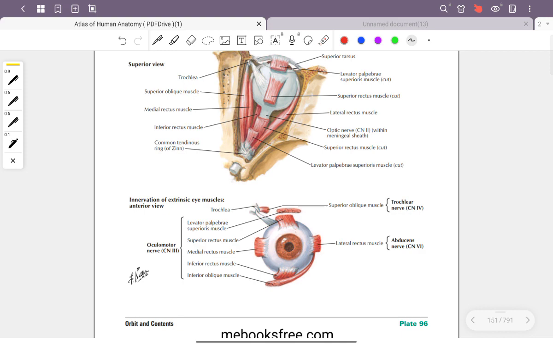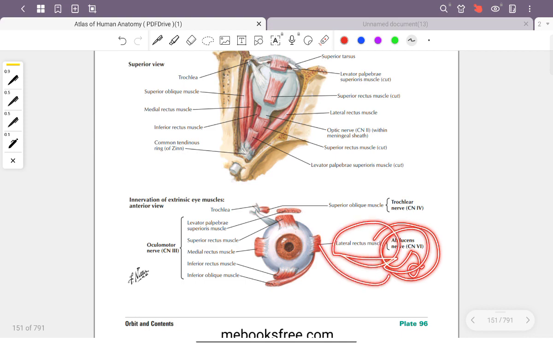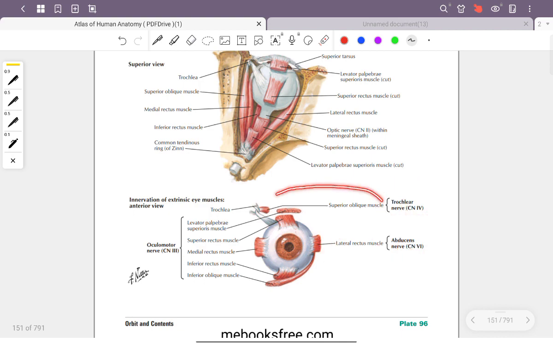In simple language, the function of the nerve is to carry signals from the brain to the organs, or from organs to the brain. The abducens nerve, CN6, gives the signal to the lateral rectus muscle to move laterally, to abduct. And the trochlear nerve innervates the trochlea. Those are the two innervations of the extrinsic eye muscles.